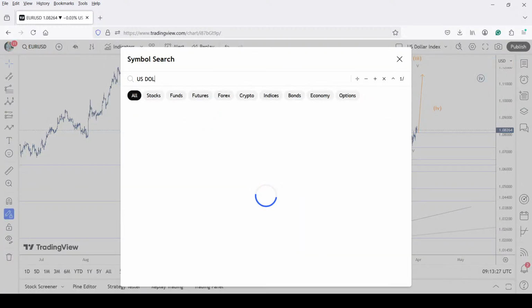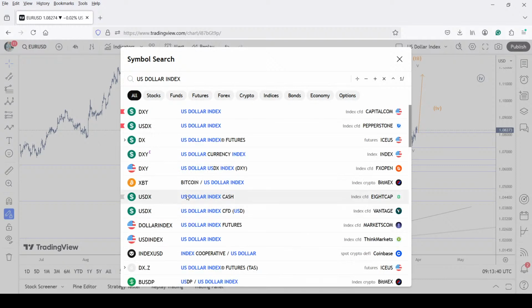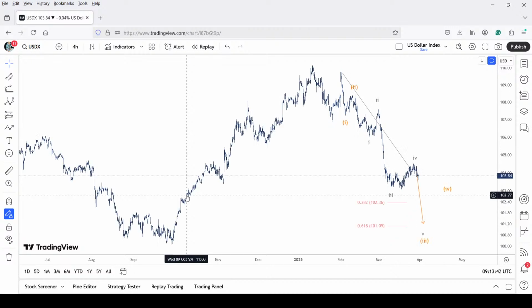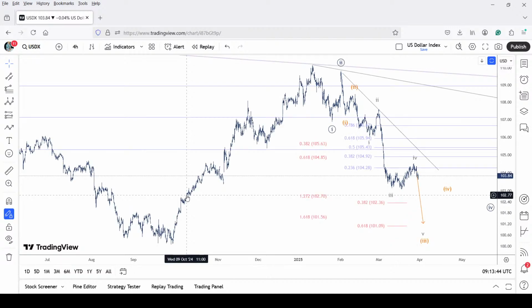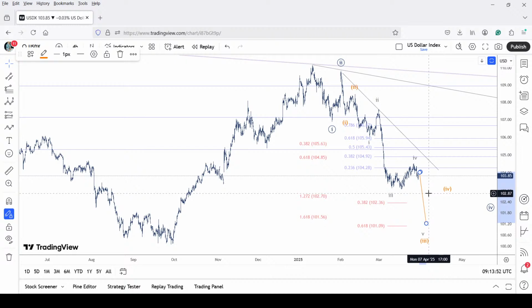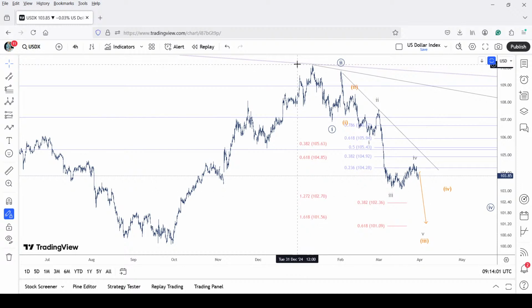Next is the dollar index. The dollar index 4-hour time frame is flashing on the screen. Let's understand the wave structure first. Again, three different degrees are being worked upon right now against 110.20.